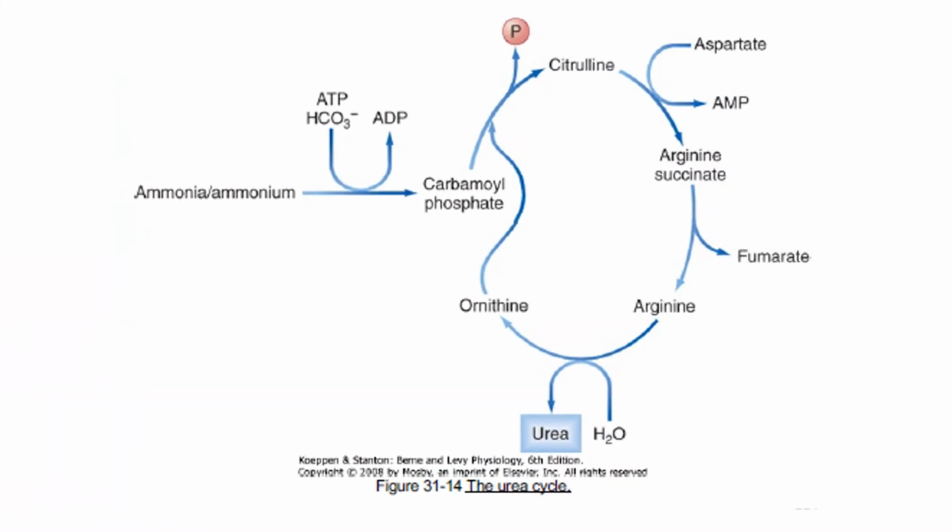So this is a very nice figure, 31-14, and it discusses how the liver takes care of the ammonia. Ammonia is a small, neutral metabolite that arises from protein catabolism and bacterial activity and is highly membrane permeable.